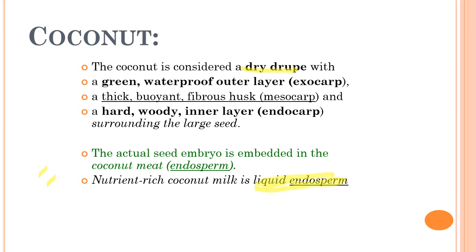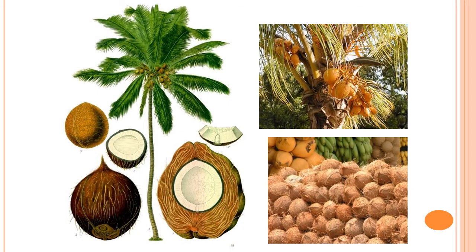Most seeds have endosperm, but in coconut it is liquid. It's actually both liquid and also a dry white endosperm. So the coconut meat is also endosperm, and the milk that you drink is also liquid endosperm. So this is the coconut.